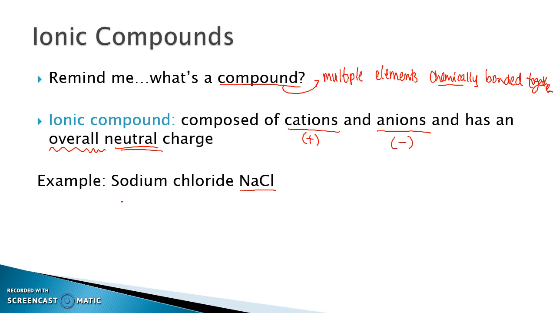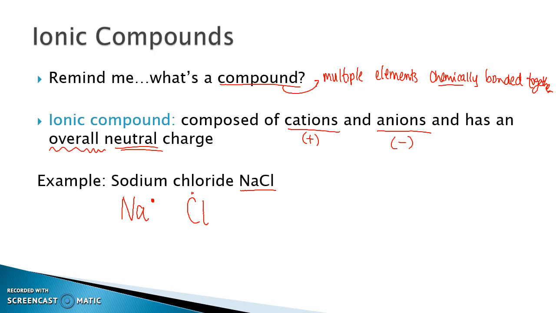We're going to use those Lewis dot drawings we just learned about. We're going to look at sodium, Na, and find its group. It's in group 1A. If you're in group 1A, that means you only have one valence electron, so one dot. Chlorine, on the other hand, is in group 7A.